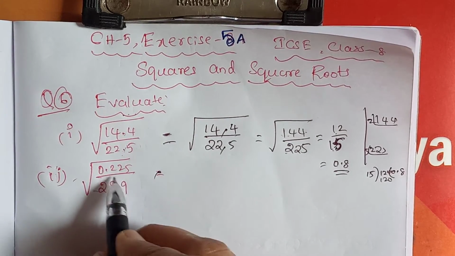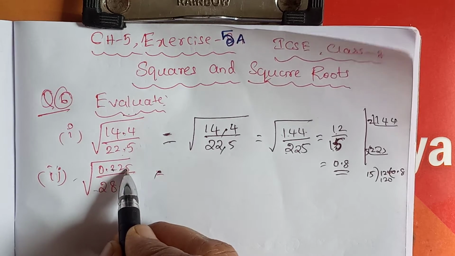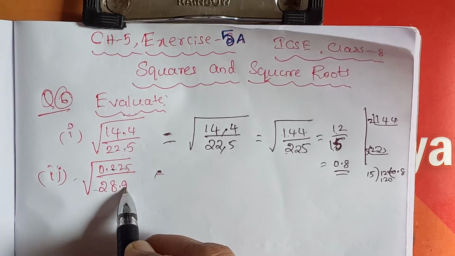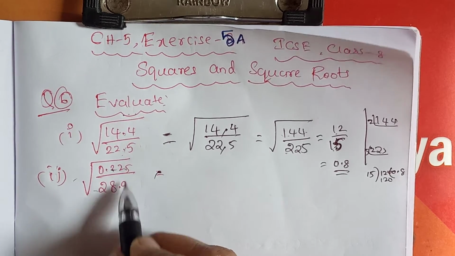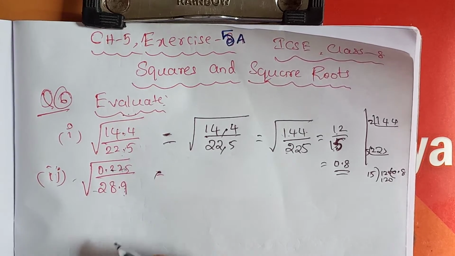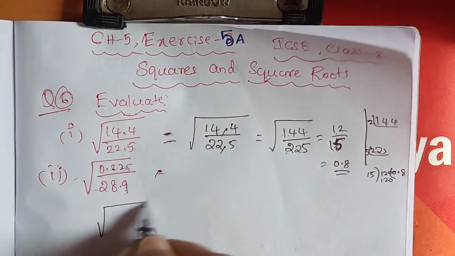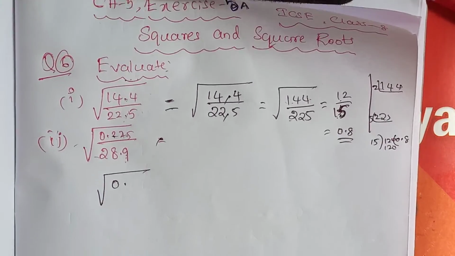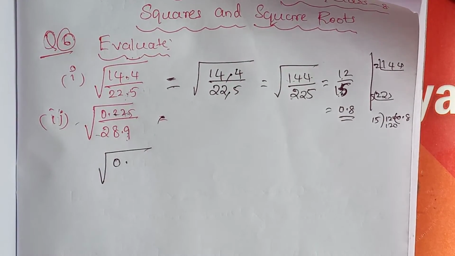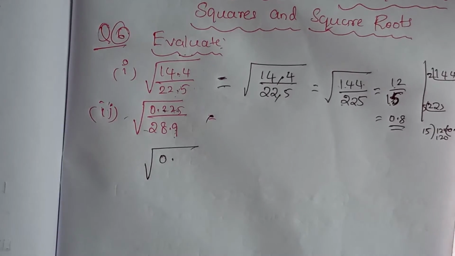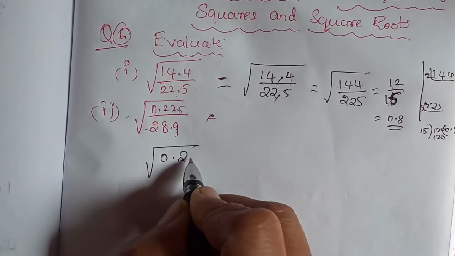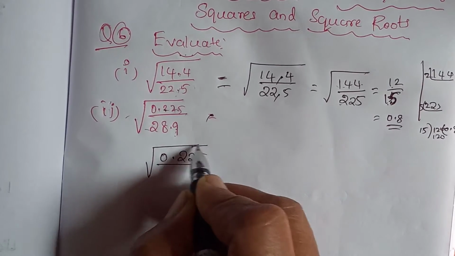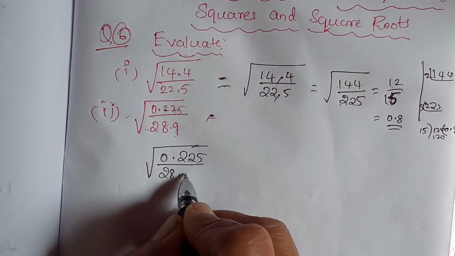And the second one is, here how many decimal points are there? 3. Here how many are there? Only 1. So we can make it equal first. Square root of 0.225 by 28.9.